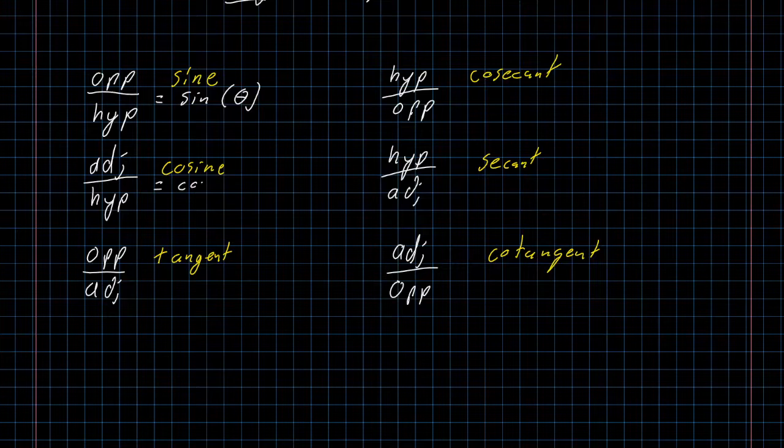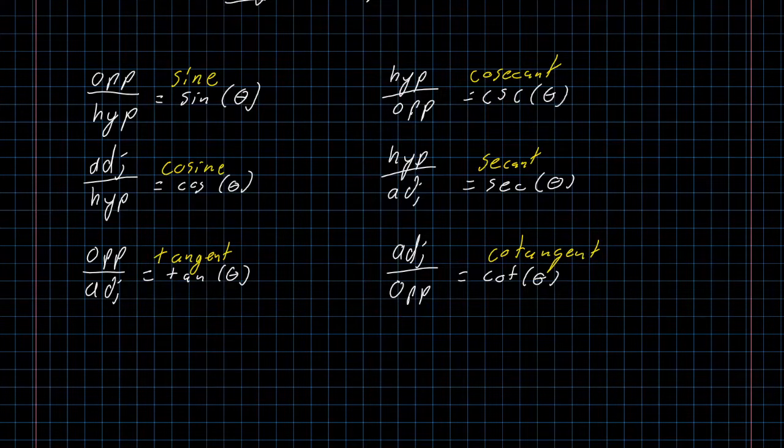And then we have cosine is COS, tangent is TAN, cotangent is COT, secant is SEC, and cosecant, well, we can't use COS because we already used that for cosine. And so it usually gets abbreviated as the complete mess, CSC. And these are our 6 trigonometric ratios.